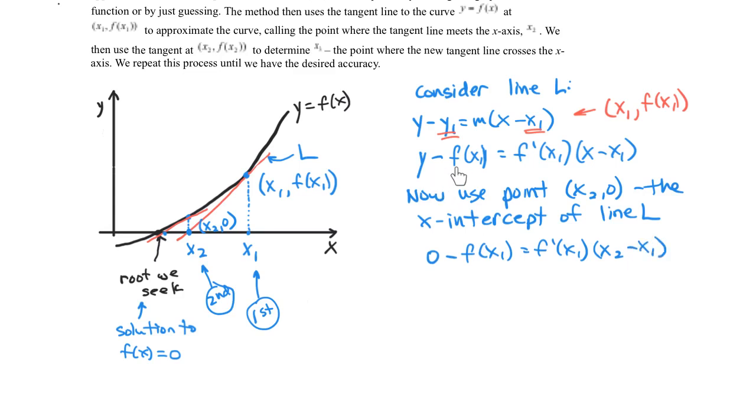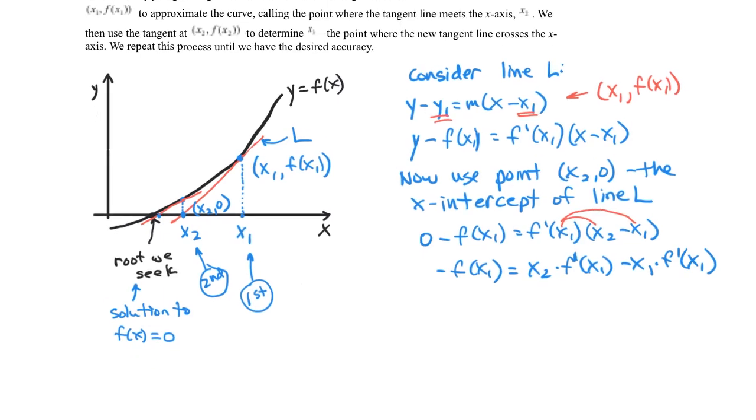So again, we're using this equation, but for x and y, we're plugging in x and y. So I'm going to distribute this through here. If we do that, we'll get minus f of x sub 1 is equal to x sub 2 times f prime of x sub 1 minus x sub 1 times f prime of x sub 1.